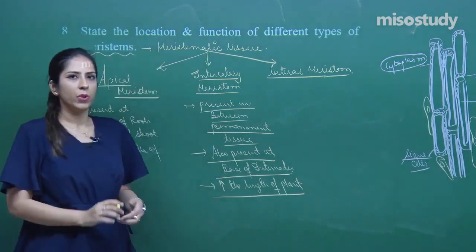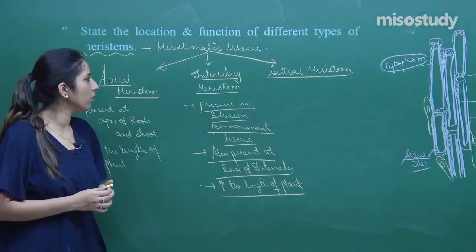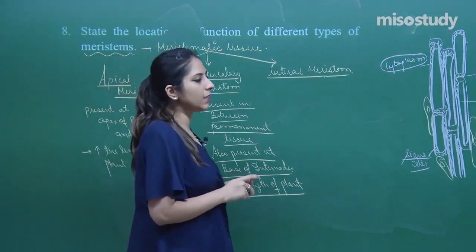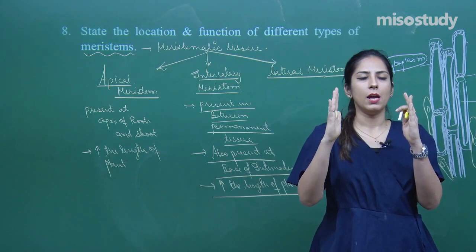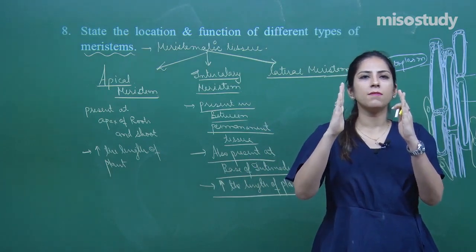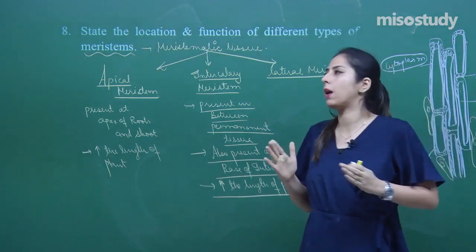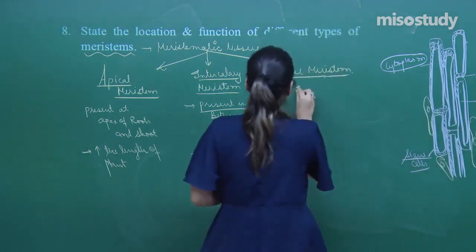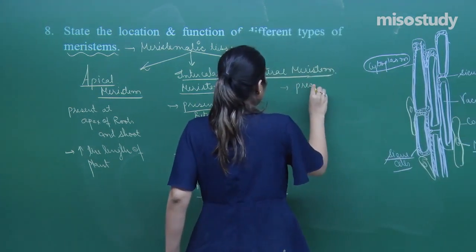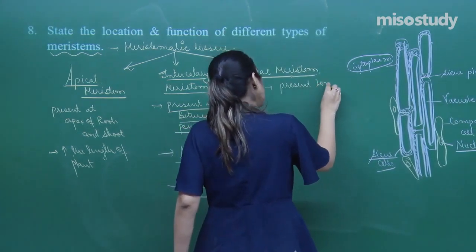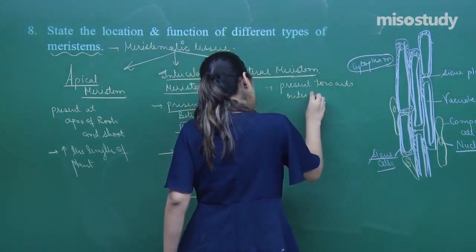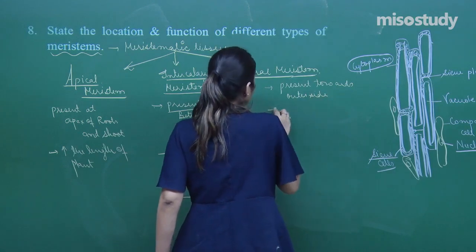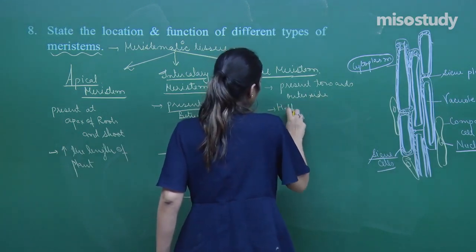Intercalary meristem. Right. Now, let's explain about the lateral meristem. Lateral meristem is present towards the end, towards the outer wall. And these meristem, whenever they divide, they increase the girth of a plant. Present towards outer side and help in secondary growth.